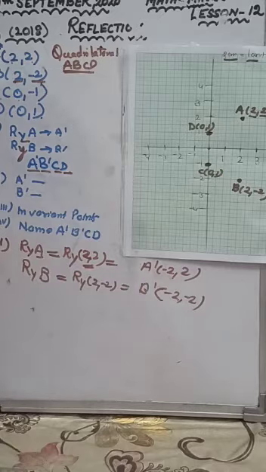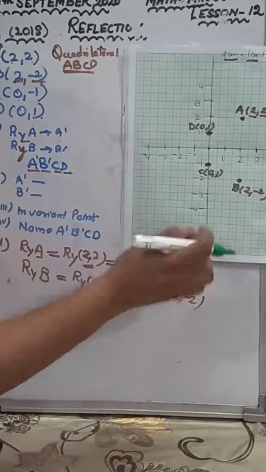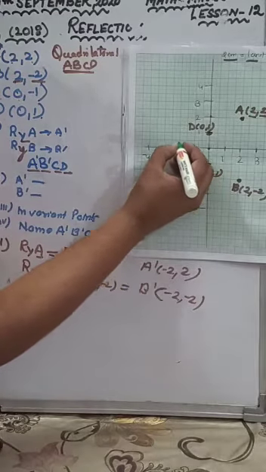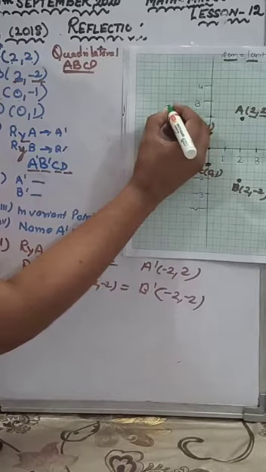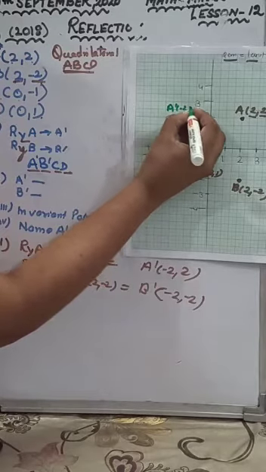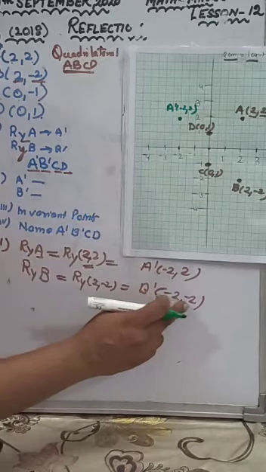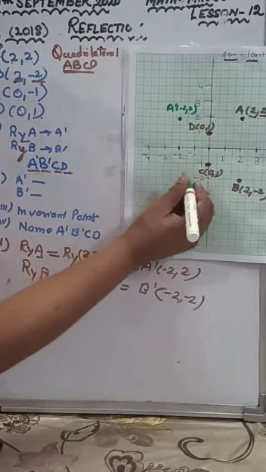They were asking this in point number 2. Now we have to label A dash, B dash, C and D. So first of all let us plot A dash and B dash. A dash is (-2, 2). So this will be A dash. Now B dash (-2, -2).